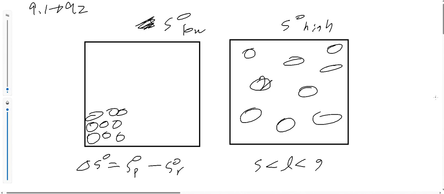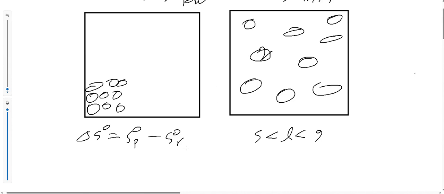So let's do an example, shall we? Calculate the sign of delta S for the combustion of hydrogen to form water: 2H2 plus O2 turn to H2O. Calculate the standard entropy of this, well, the sign of it at least. You will note that both of these are gases, and this is a liquid. Just pause if you need time, or just let me explain it in a couple seconds.